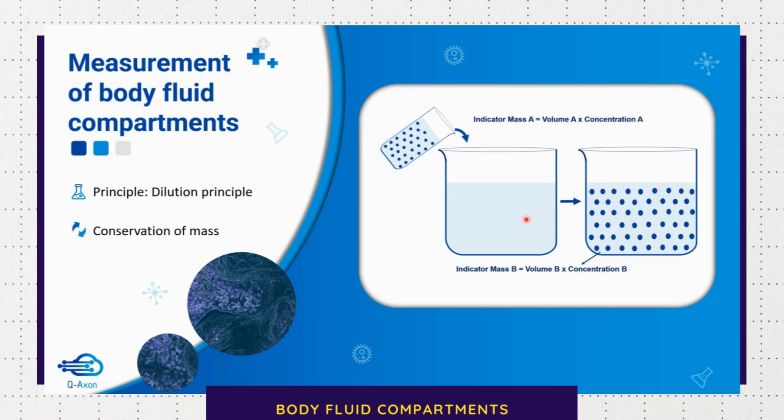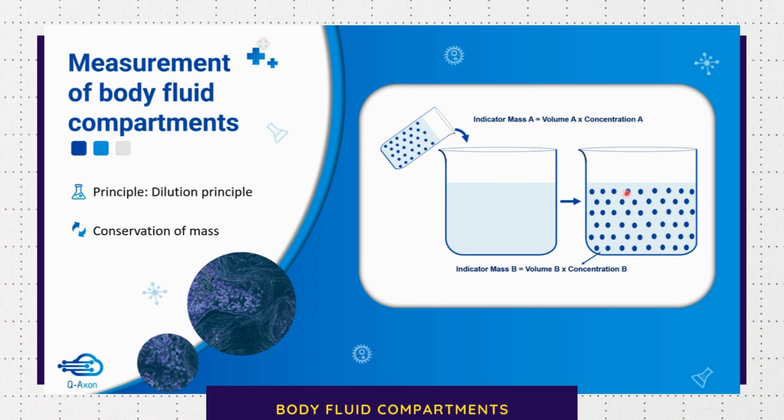When we add it, this indicator will distribute in this volume and achieve a new concentration. The volume is more, so the concentration will be less. And we have to assume that after adding this, there will be negligible change in the unknown volume, so the added volume has to be very, very small.